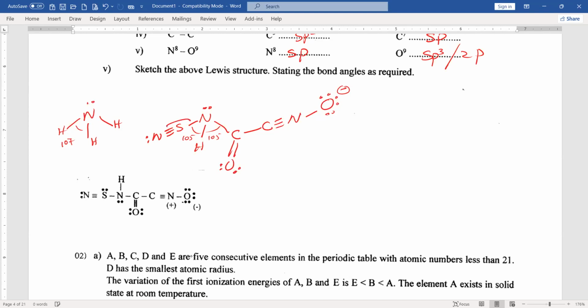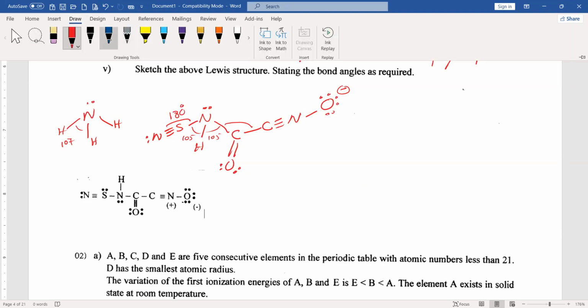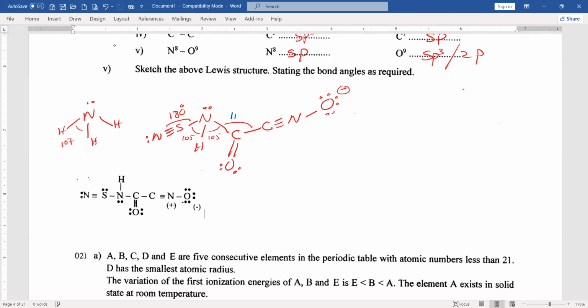Here this is 180. In this case, this is 120 normally. Because of the high electron dense region here, this bond angle may be smaller than 120, so you can put 118. Here it is again 180, linear. Here also 180 because it is linear. So very easy.